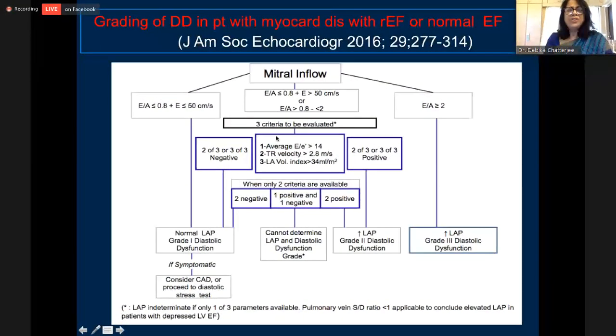Now, out of these three criteria, if 2 or all 3 are negative, then we say it's a grade 1 diastolic dysfunction with normal filling pressure. If 2 or 3 are positive, it falls into grade 2 diastolic dysfunction with raised LA pressure. But if we only have 2 criteria available, suppose there is no tricuspid valve regurgitation, and both are negative, then it again falls into grade 1.